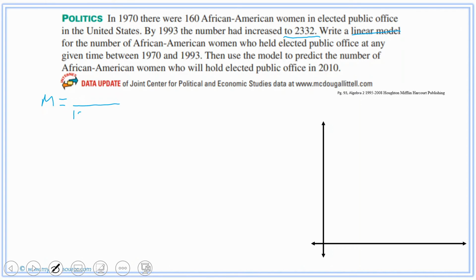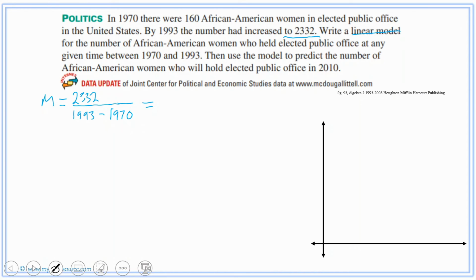So your y2 would be your 1993, subtract your x1, sorry, 1970. Time is independent of everything, so that's our bottom one. Our top will be the ones that match with it. So x2 matches with y2, which will be 2,332.